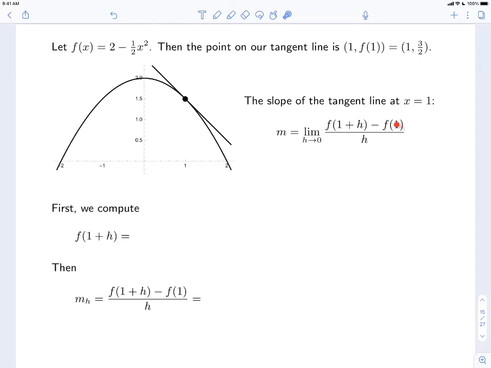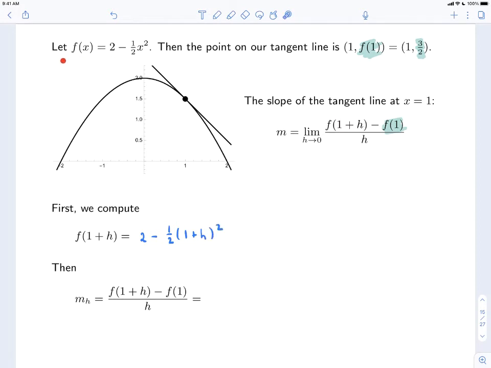Now we know what f of 1 is. f of 1 is 3/2. We've already determined that. Well, we need to determine what f of 1 plus h is. So let's compute that. f of 1 plus h is 2 minus 1/2 times the input value, which is 1 plus h, quantity squared.